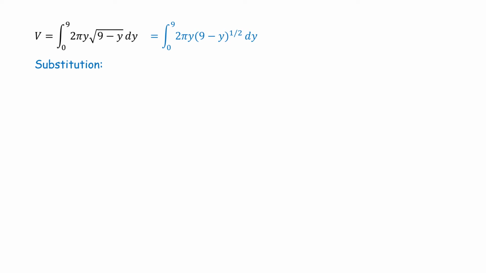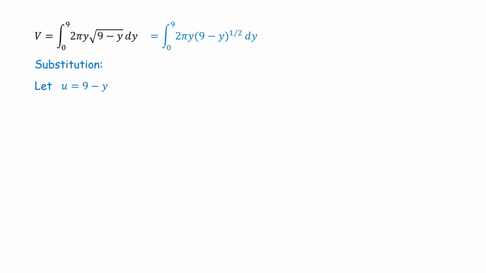The key is to find the inside function of a composite function. We're looking at 2 pi y. The 2 pi is a constant, so we'll ignore that for a moment. Then you have y, and the quantity 9 minus y raised to a power. The 9 minus y is the inside of the composite function, so let's let u equal 9 minus y.